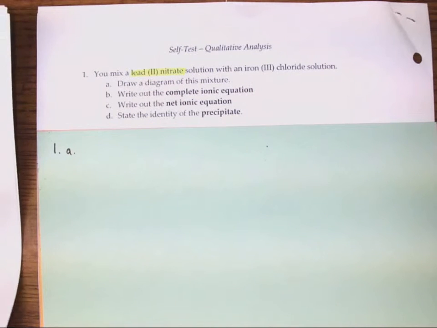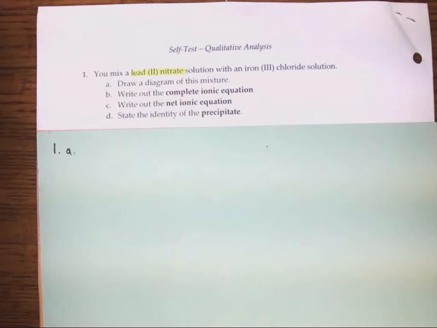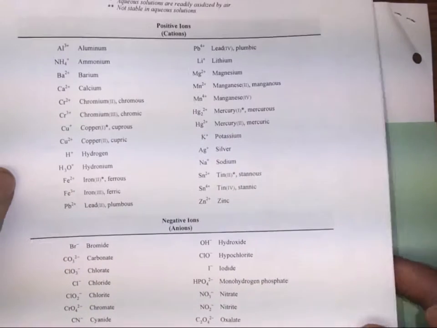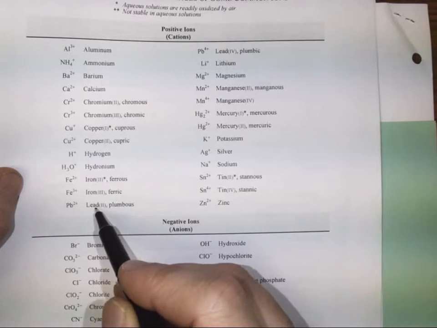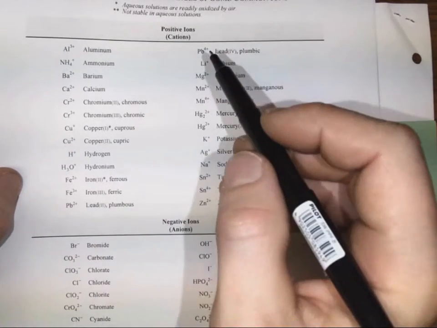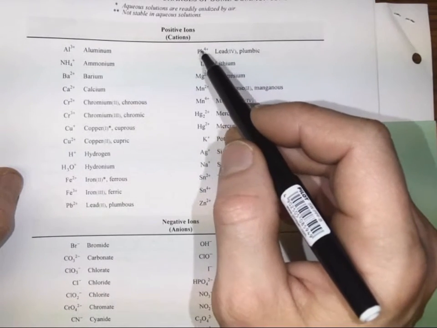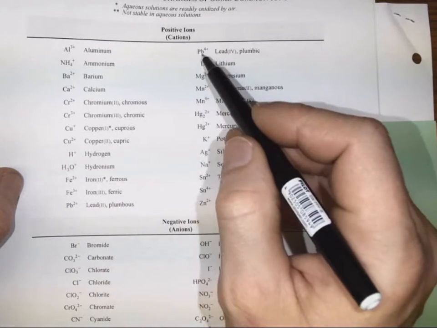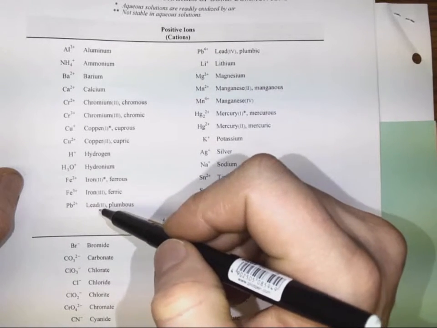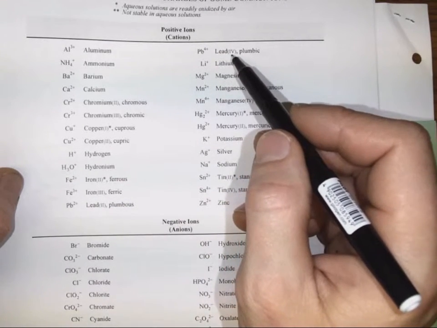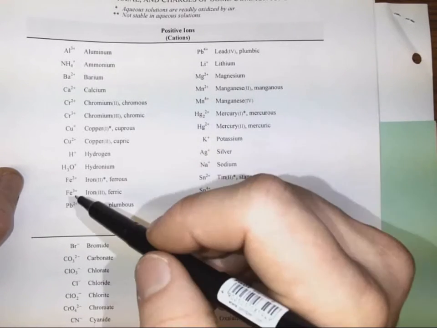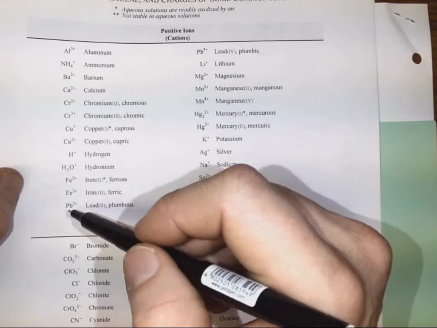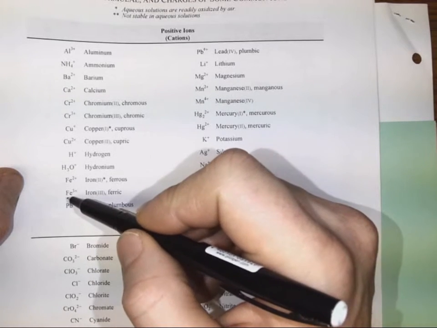Lead, I remember, is Pb, and that 2 indicates that it is a lead valence with a positive 2 charge as opposed to a positive 4 charge, because lead is multivalent. So we have to specify we're talking about lead 2 or lead 4. They have different colors, they have different reactivities, they have different properties in general. They're almost like they're different elements, really.